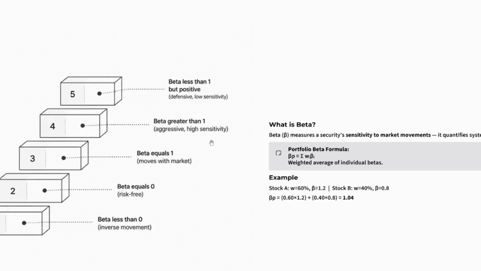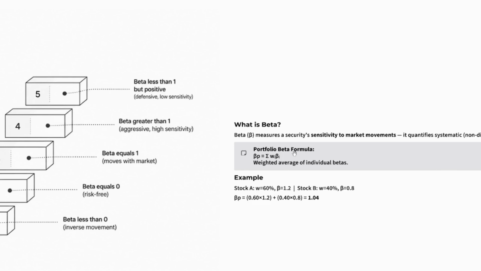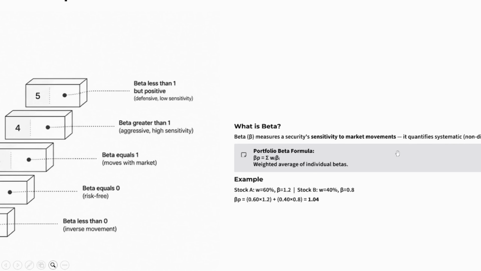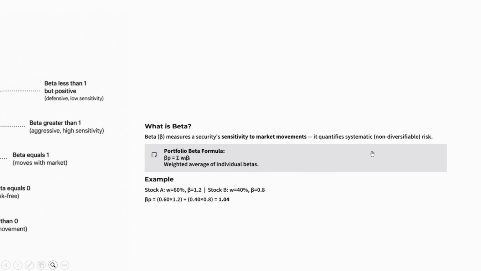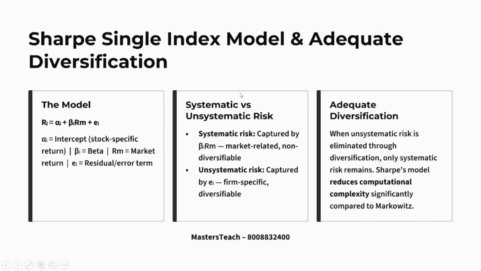What is beta? Beta measures a security's sensitivity to market movement. It quantifies systematic, that is non-diversifiable, risk. The portfolio beta formula is this. Try to write this, at least you're going to succeed in your exam. That is the main motto of making this one.